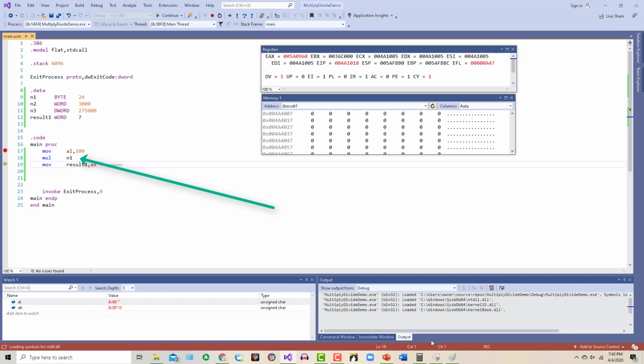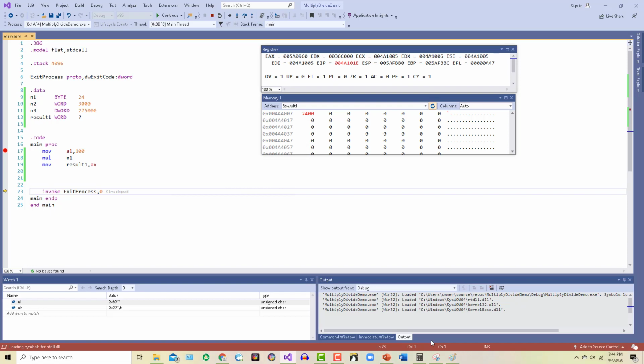I get the answer, 0960 hex, in the AH and AL combo. Look at the carry flag. It's set, which confirms I need both the AL and the AH registers to hold the result. When I store AX into the result variable, I get the expected 2400.